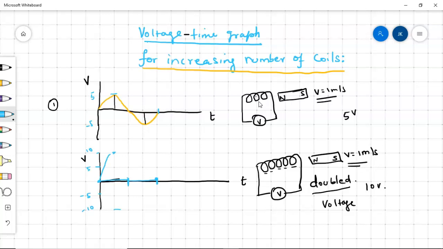Now the maximum is changed to 10 volts, and here the minimum is minus 10 volts. So the frequency of the wave is the same, constant, because the speed of the movement of the magnet is the same. The frequency remains the same, but the voltage is doubled.